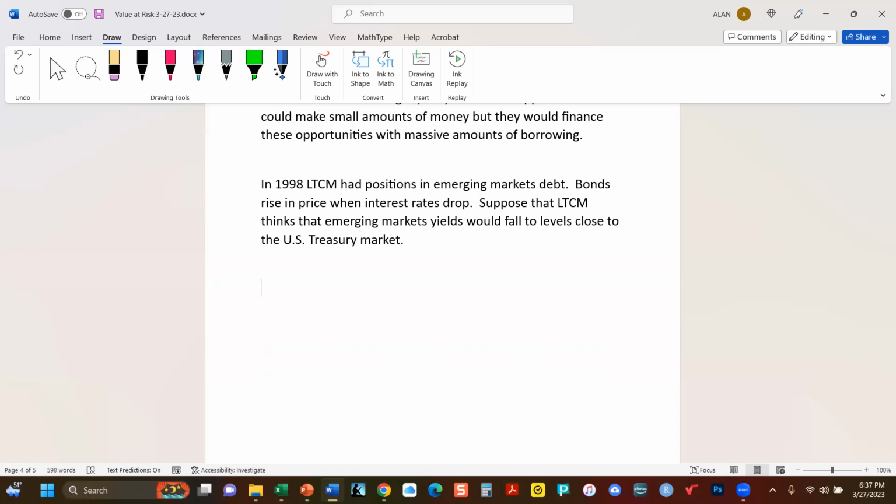Okay. So what that would mean is that emerging markets bonds would become more expensive relative to US Treasury bonds.